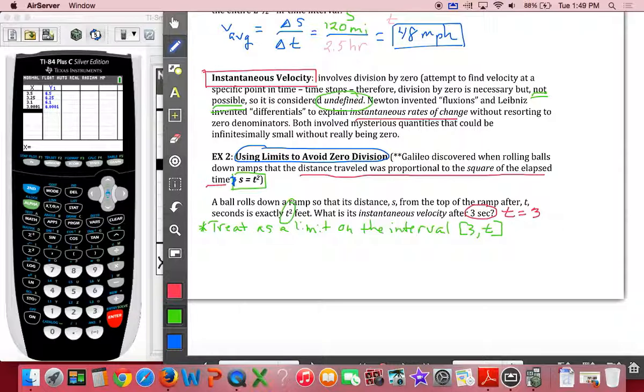Write yourself a note that this t, based upon what we just looked at, represents the time getting closer to 3 seconds.